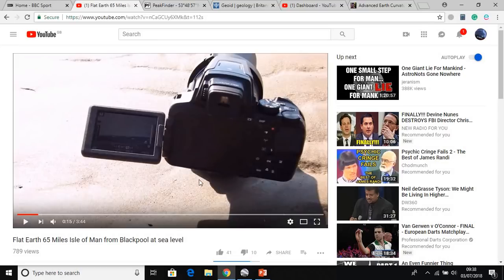So the video in question placed a P900 on the sand at Blackpool, presumably at some time when the tide was at least partially out, possibly all the way out, low tide. I'm not sure how far out on the sands they went, and the camera's placed very close to the sand, if not directly on it.